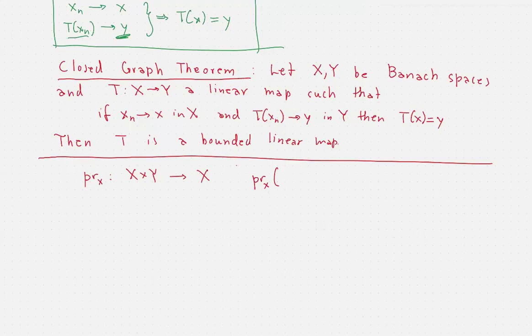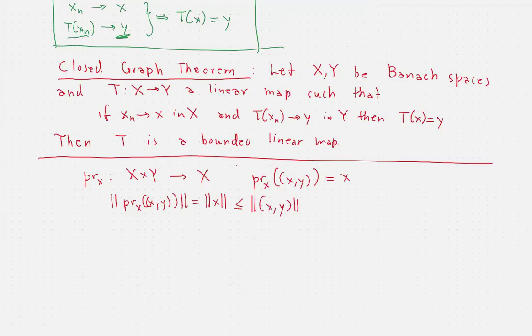I mean, this is where this norm comes in very handy, because if you take the norm of the projection, which is really the norm of x, then this is less than or equal to the norm of (x, y), which is the norm of x plus norm of y. But this inequality really tells us that we have continuity.